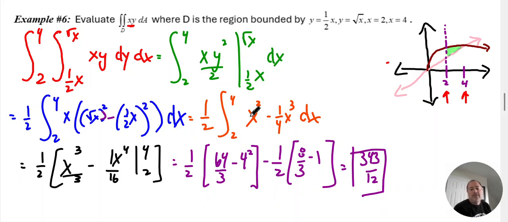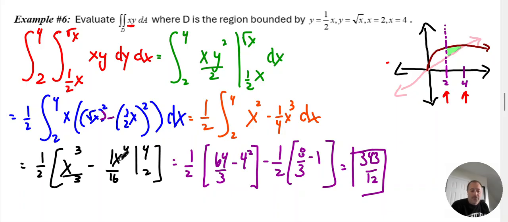I went ahead and did some simplification. So the square root of x squared is just x. So x times x is x squared. I get 1/2 x quantity squared, which is 1/4 x squared, times x is negative 1/4 x cubed. I then went ahead and plugged in 4 to my integration of x cubed over 3, and then x to the 4th over 16. And when I plugged in, I went ahead and did 4 cubed, which is 64 over 3.